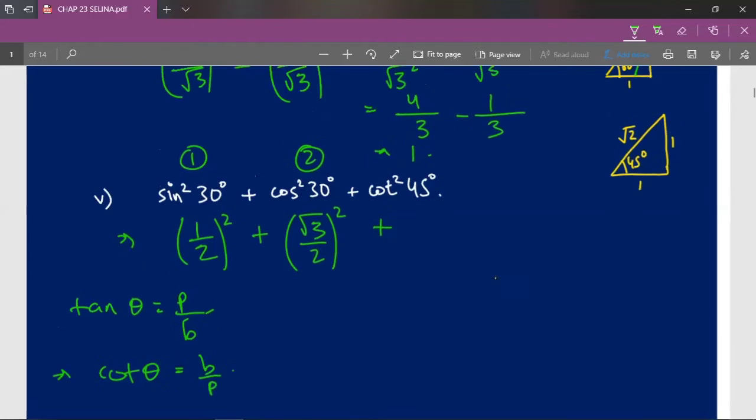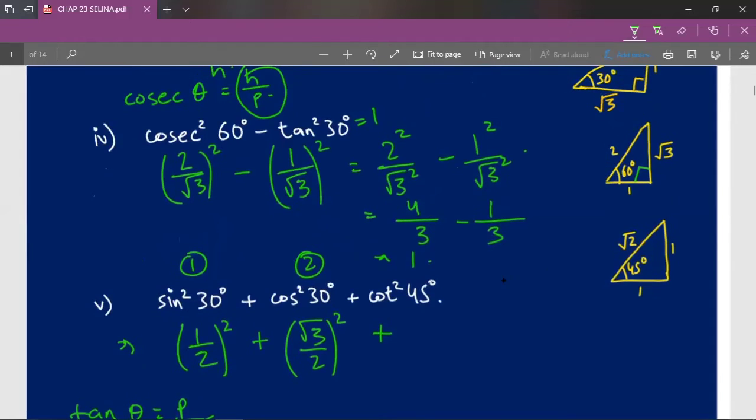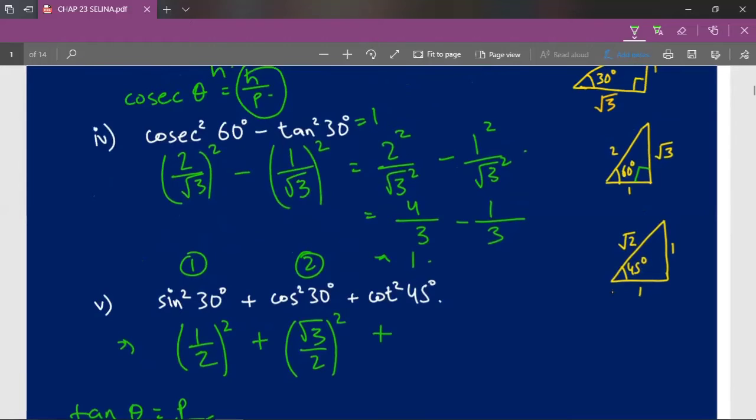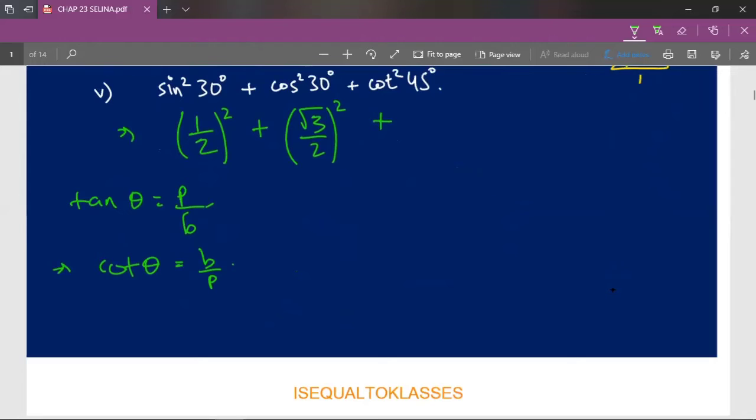Now all we have to do is find cot 45, and whatever value we get for tan 45, the reciprocal of it will be the answer to cot 45 degree. So first of all, we'll find tan 45 degree. The magic triangle assigned to 45 degrees is this triangle. With respect to angle 45 degree, tan 45 degree is 1 upon 1, and the reciprocal of that will be our answer to cot 45, that is 1 upon 1, which can be simply written as 1.